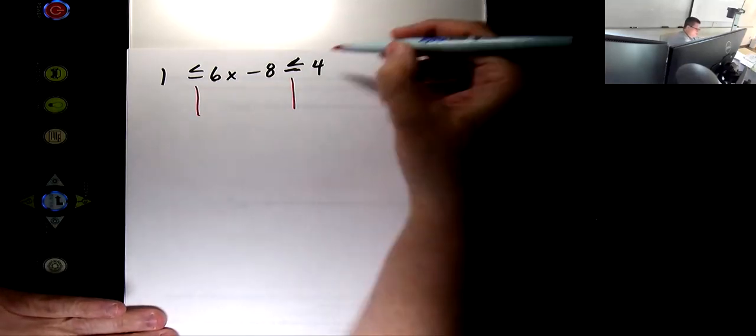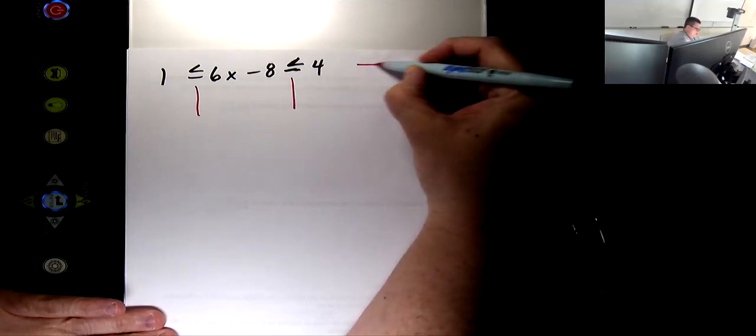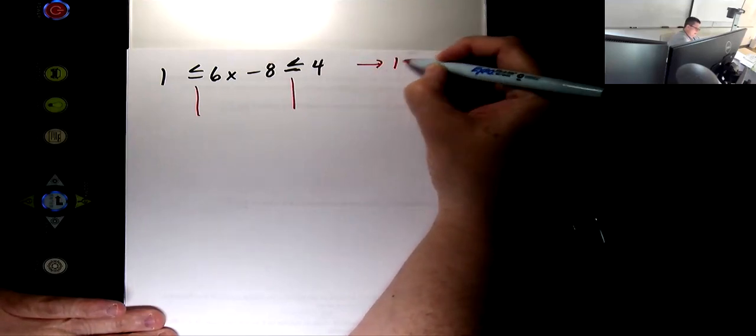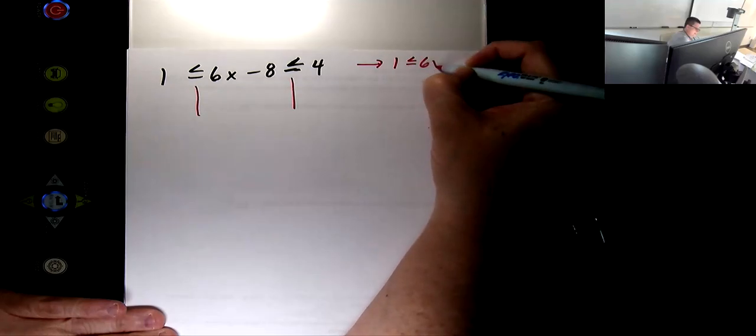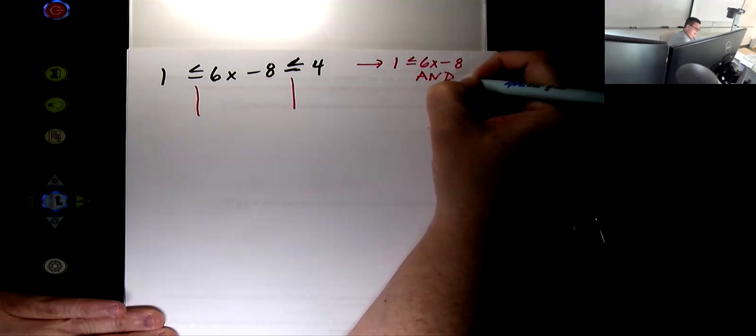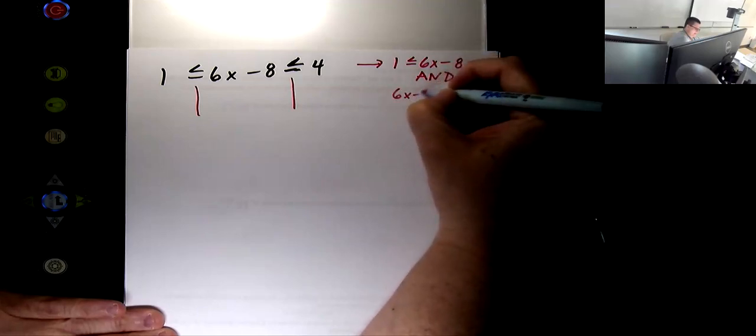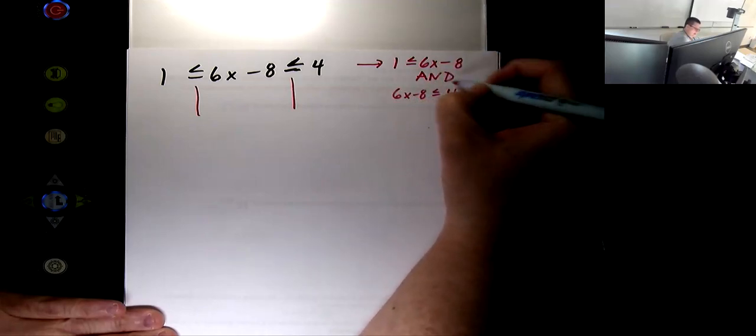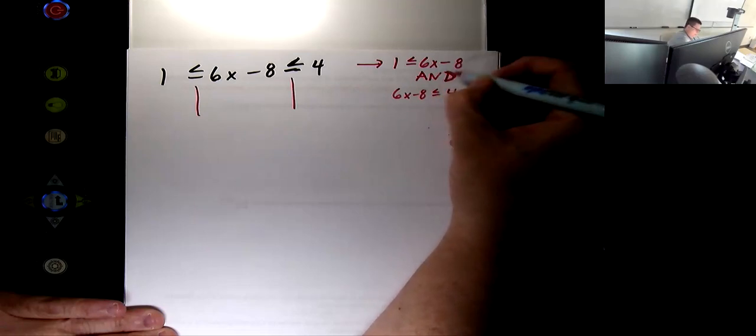When you have 2 inequalities, we could write this as 1 is less than or equal to 6x minus 8, and 6x minus 8 is less than or equal to 4. And the "and" is an important part. Both of these have to be met.